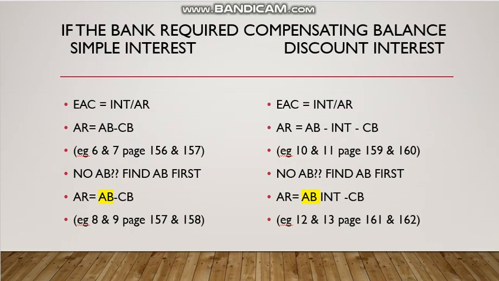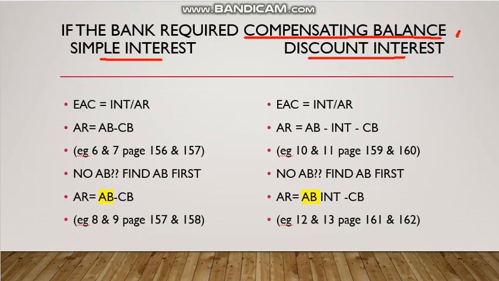6-7. Okay, so what is the difference between the simple interest and the discount interest if the bank requires a compensating balance? The compensating balance is the amount that we have to retain in the bank, left inside our account, in order to borrow.